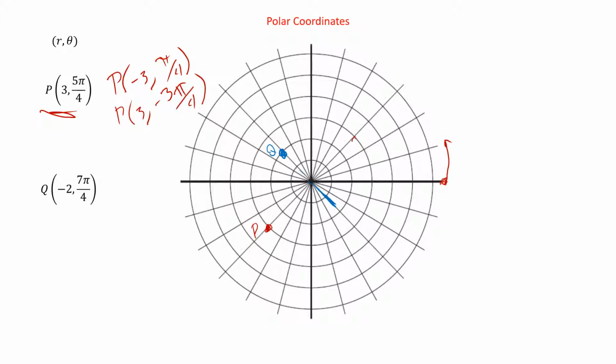Other ways of writing that, we could have 2 and then 3 pi over 4, which I think is 5 pi over 4, 7, give us negative 1, 2, 3.